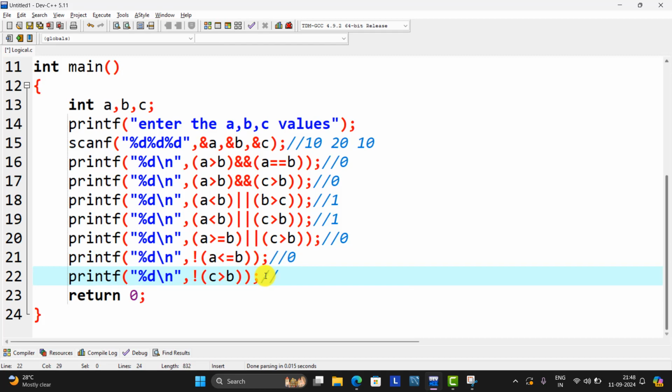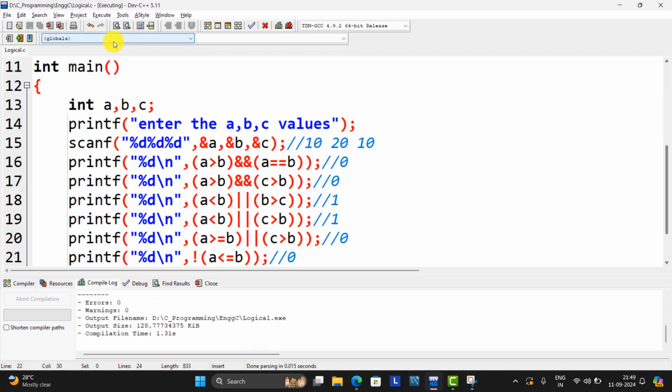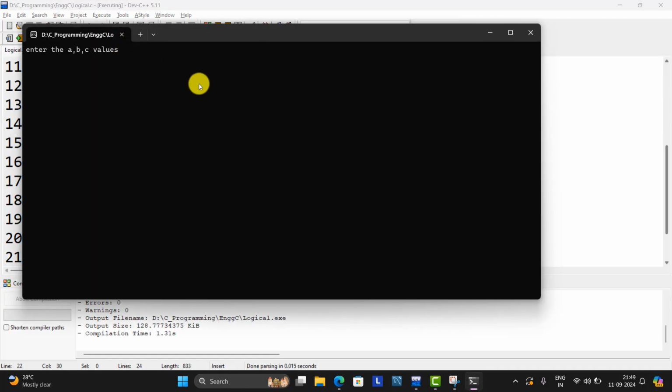So is C greater than B? C value is 10. 10 greater than 20? No, right? So the answer will be inverted. So 1 will be the answer. Let us try to run this code and see how this works. A value, B value, C value.